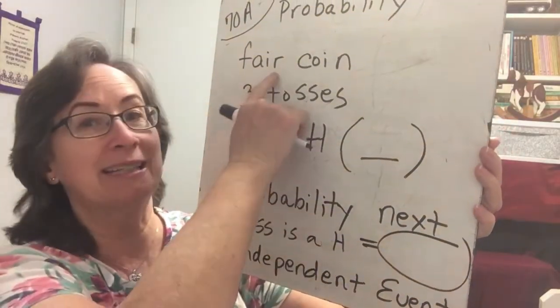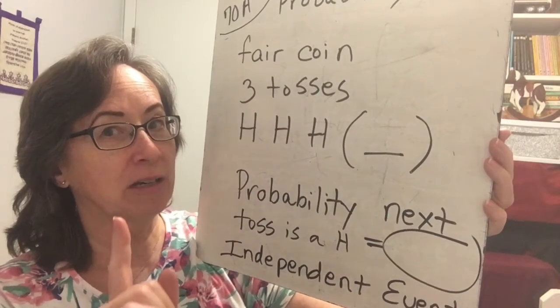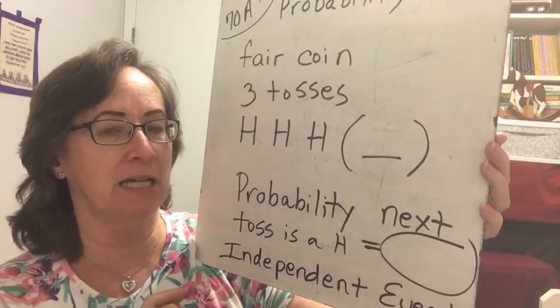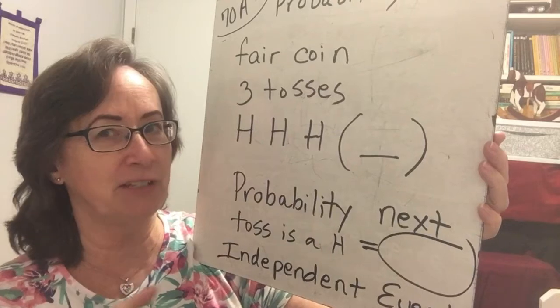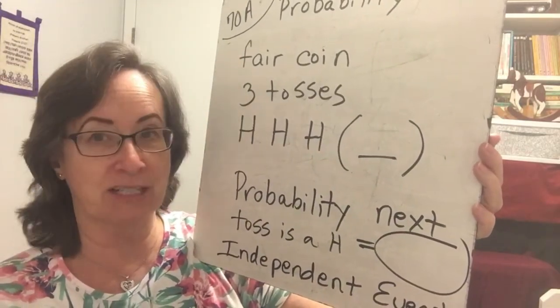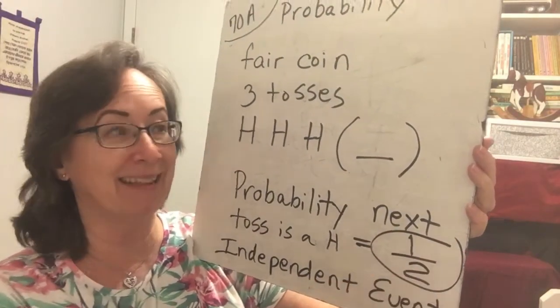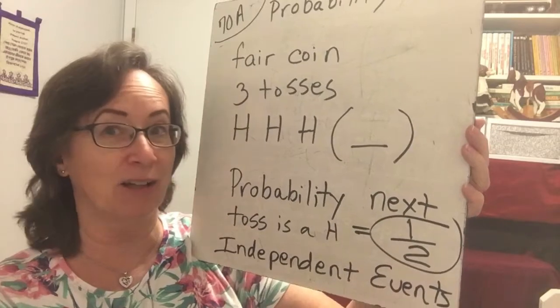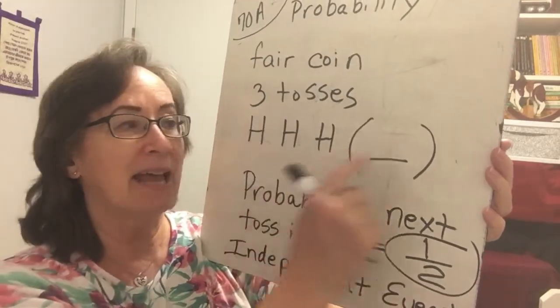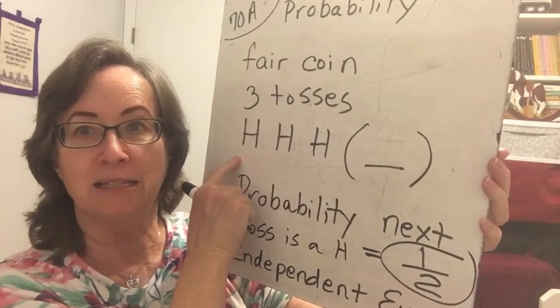Remember, we're tossing a fair coin. So each time we toss that coin, you have a 50-50 chance. That's 1/2 probability that it's going to be a head. Therefore, the probability that the next one is a head is also 1/2, because this toss is not influenced by these 3 tosses.